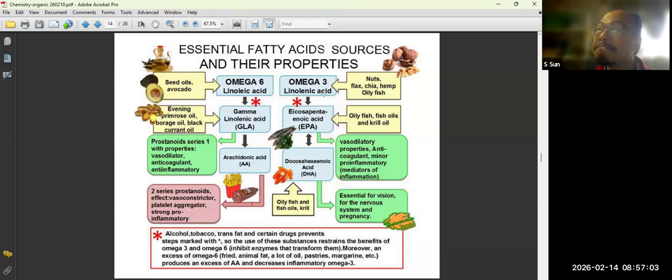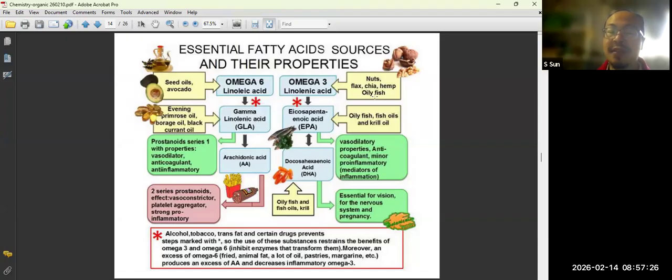They are unsaturated. The primary omega-3 is called linolenic acid. You can get it from nuts, fish, oily fish.